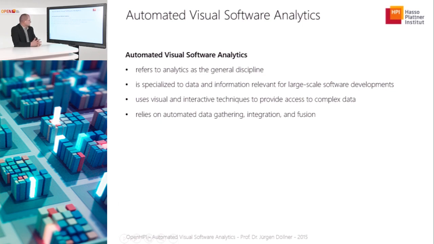It uses and actively applies visual and interactive techniques to provide access to complex data, and to do so, it relies on automated data gathering, integration, and fusion, using different sources of information available in software development projects, such as repositories, source codes, bug reports, bug lists, and any other kind of information, for example, runtime traces or test information.